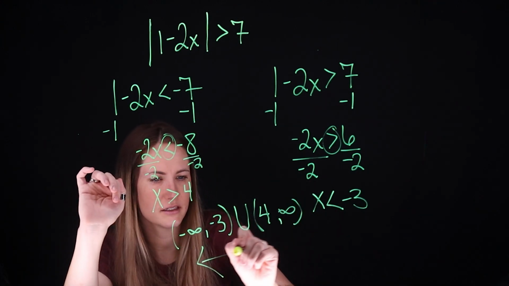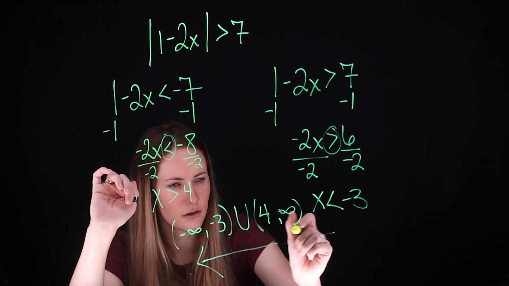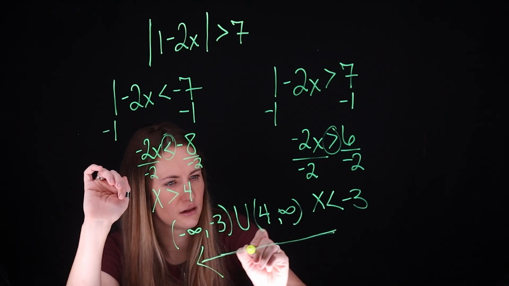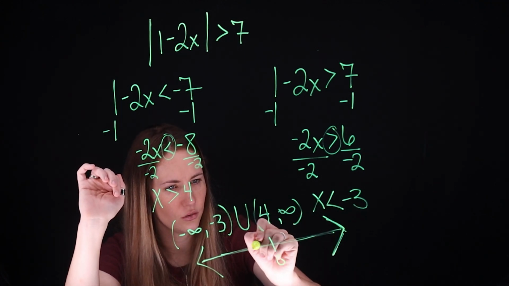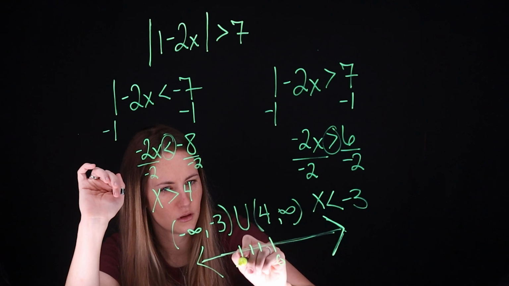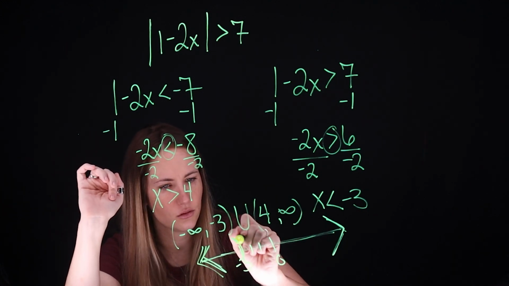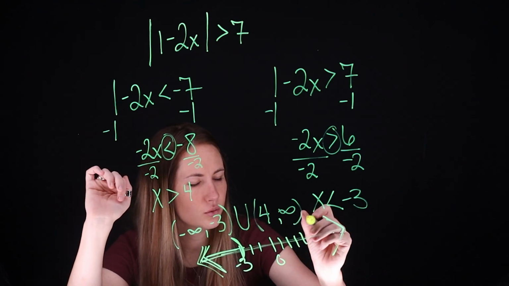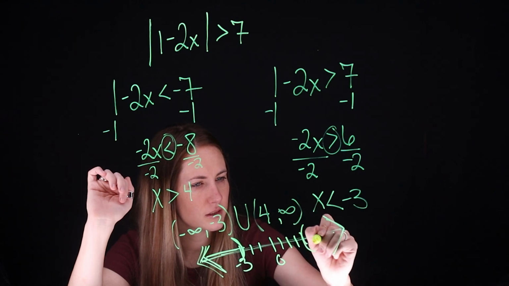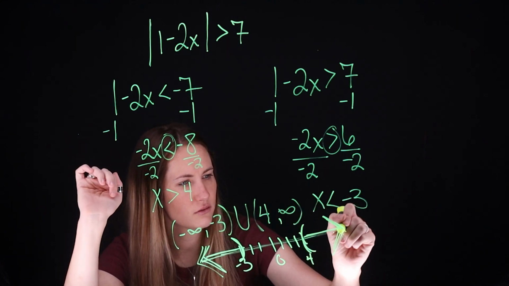So when we graph this, zero, negative 3, less than, it's not equal to, so it's a parenthesis, 2, 3, 4, parenthesis at 4, it's greater than, and it goes to positive infinity.